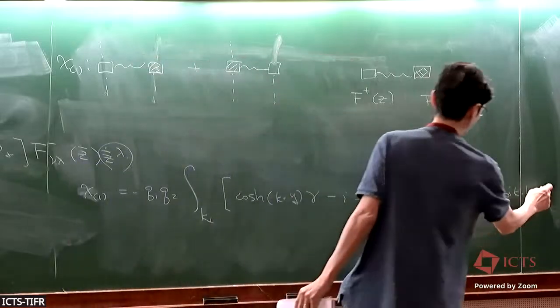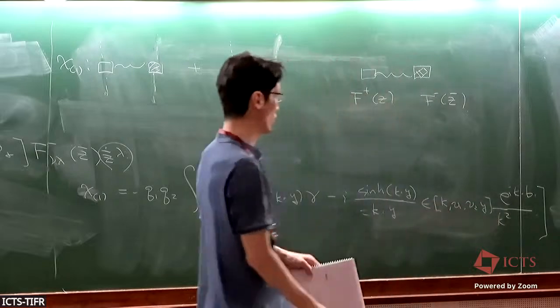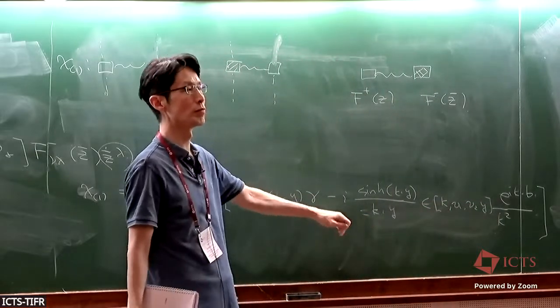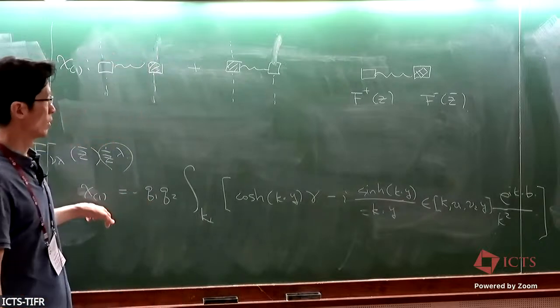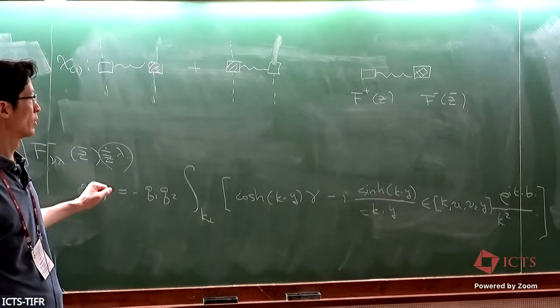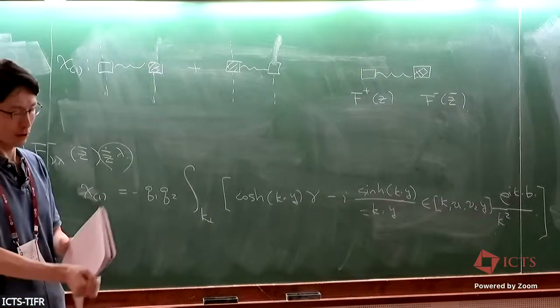So there can be a few consistency checks you can do. If you turn off the spin here, you reproduce the tree-level eikonal for non-spinning particles, as you should.